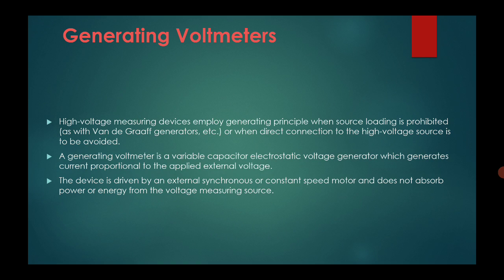For example, if we bring a metal plate close to a voltage source, that metal plate will act as a capacitor. The capacitor gets charged, and it generates a current that is proportional to the applied voltage. Okay, the device is driven by an external synchronous or constant speed motor and does not absorb power or energy from the voltage measuring source.